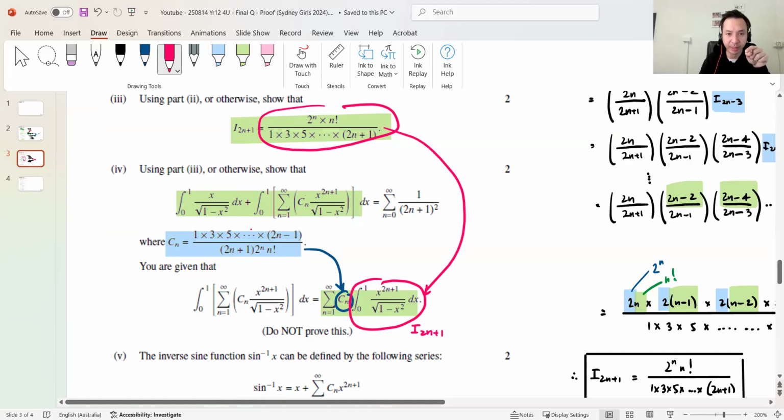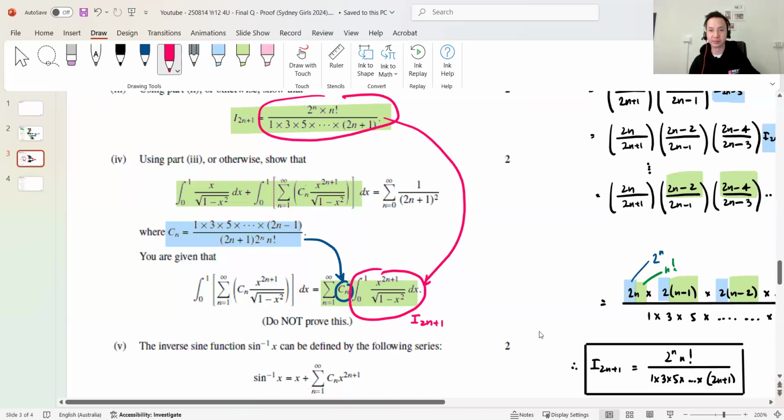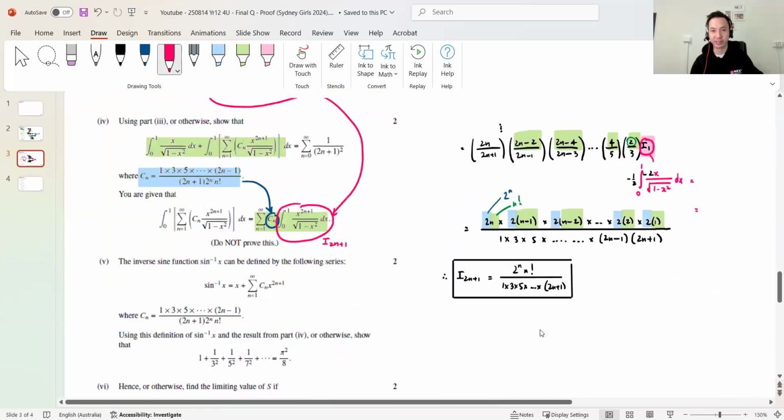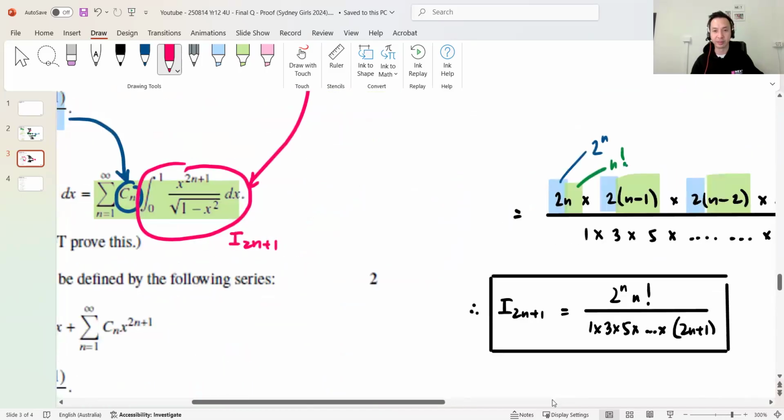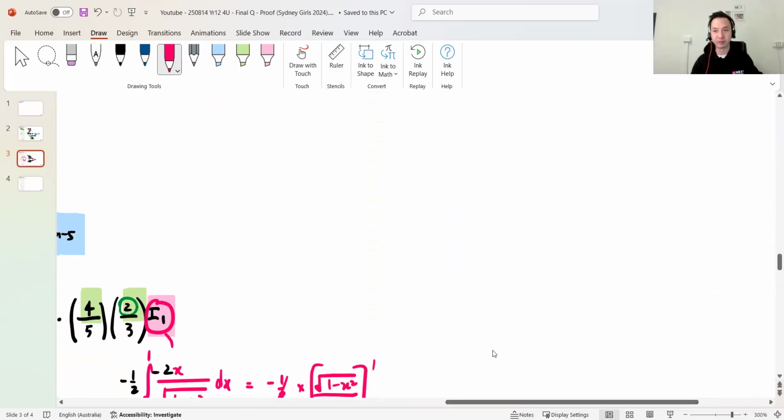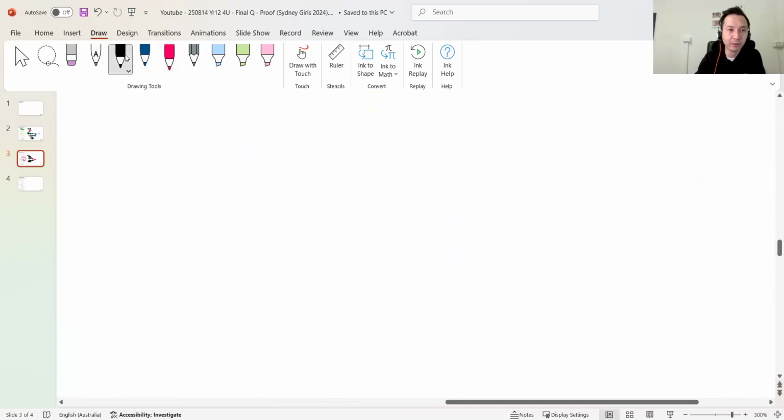The beauty about subbing in the blue and the pink is that they sort of cancel out, and I'm left with, okay, easy. I think that's a really easy question. It's just subbing in stuff. It just looks complicated. Looks mighty scary, but I think it's a puppy dog. All right, cool. Let's have a look.